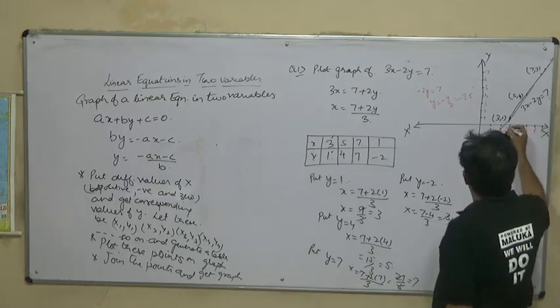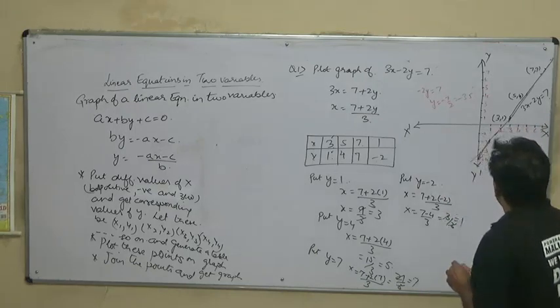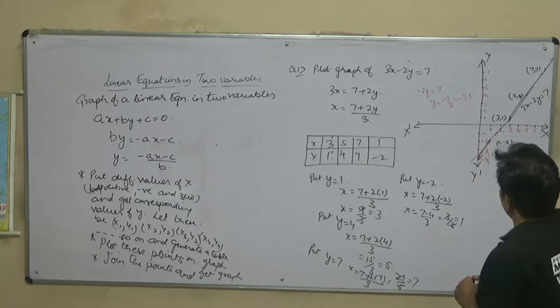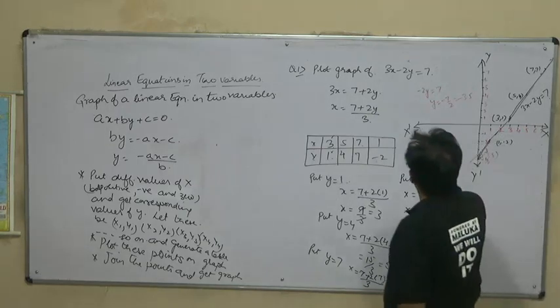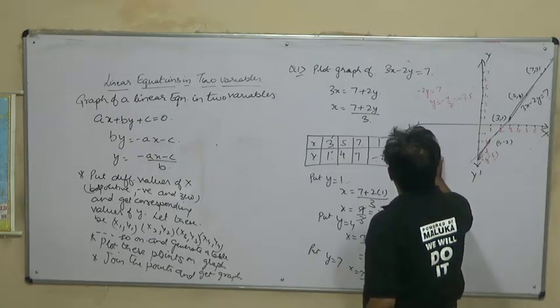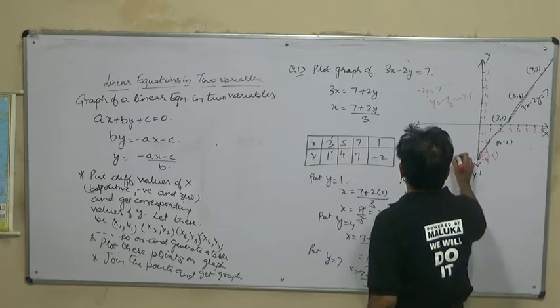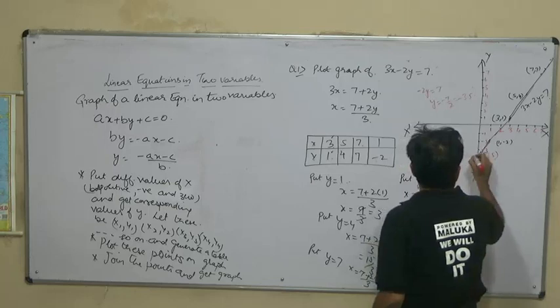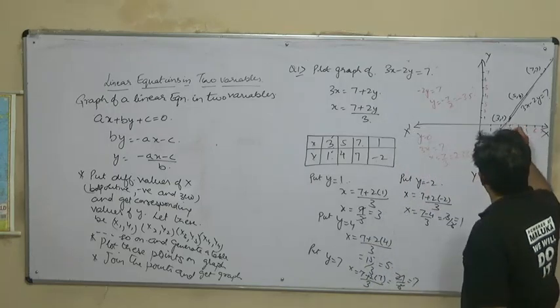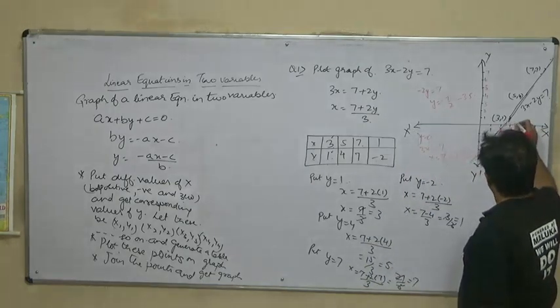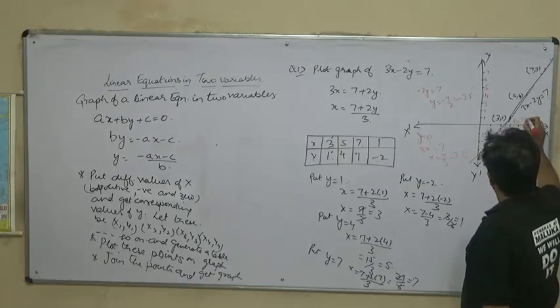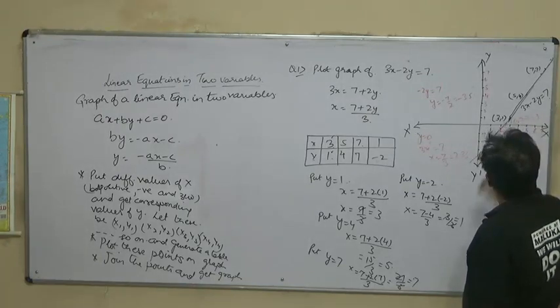So now we can check for y is equal to 0 on x-axis. When y is 0, 3x will be equal to 7, x will be equal to 7/3, which is 2.33. So we can check that this is 2.33, 0.